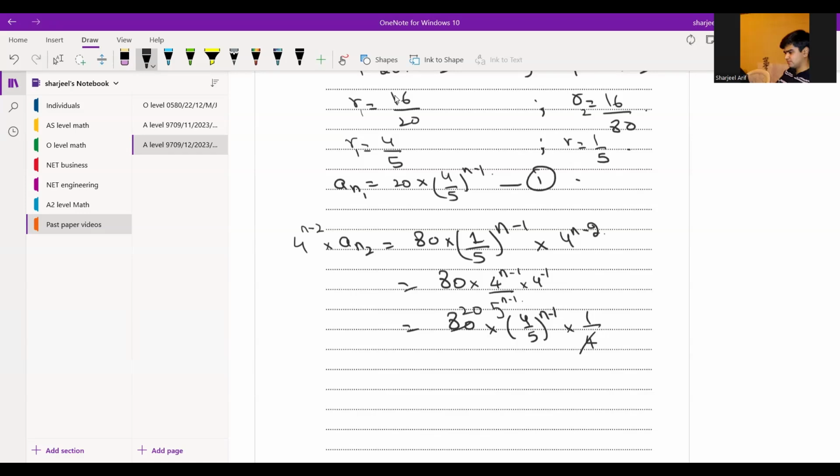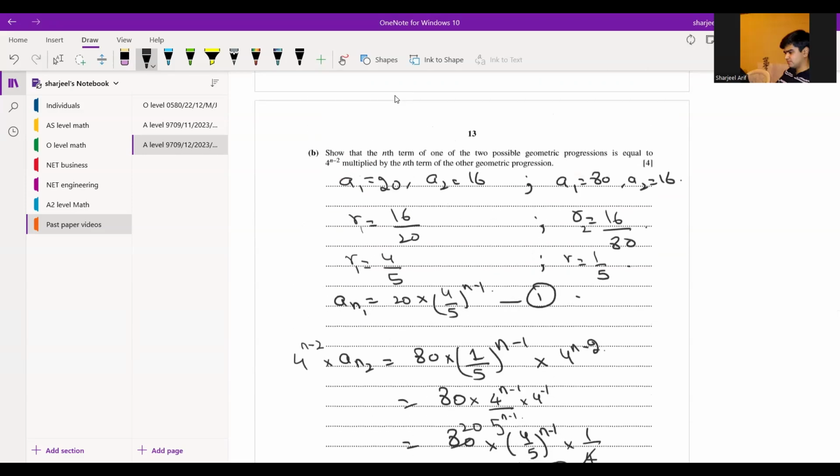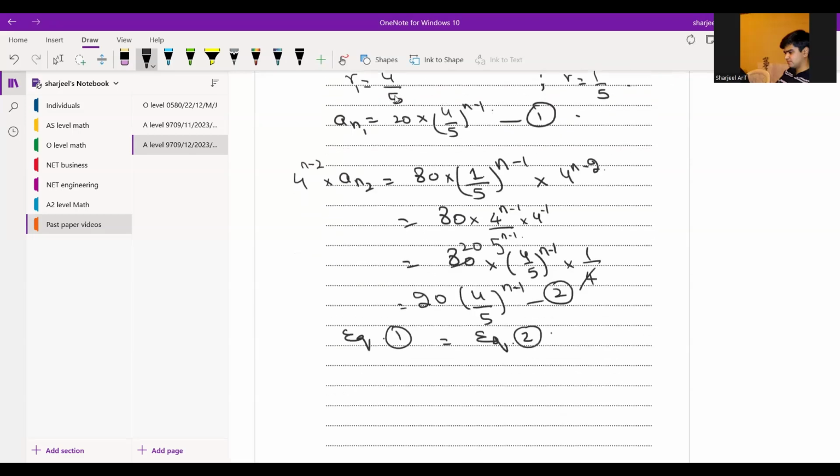Cancel these two and check whether it becomes equal to equation number 1 or not. So this is equation number 2. So equation 1 is equal to equation 2. So this means that our answer is correct.